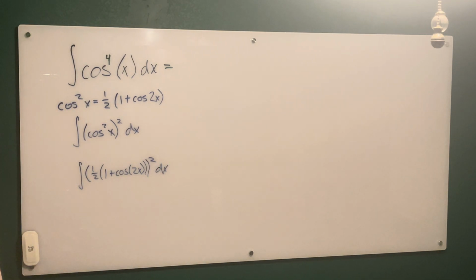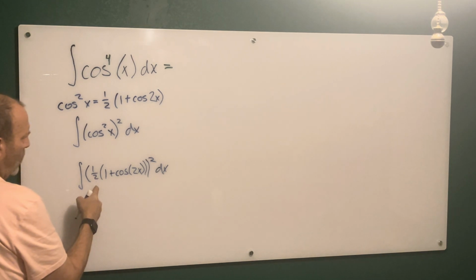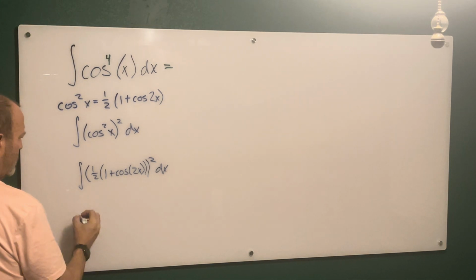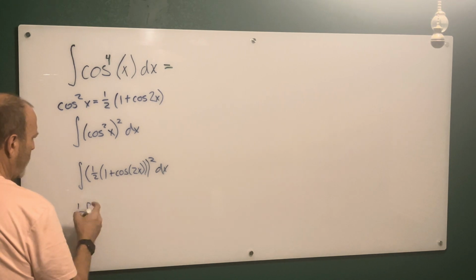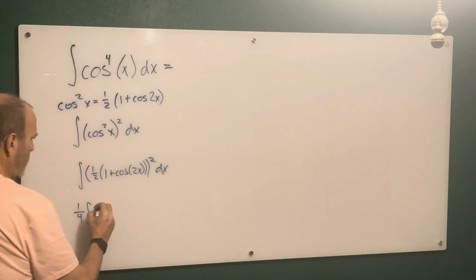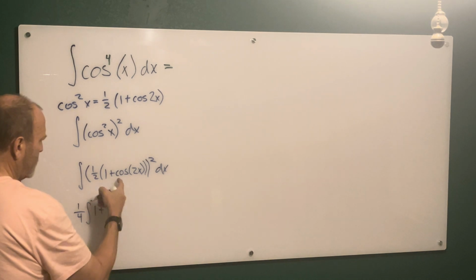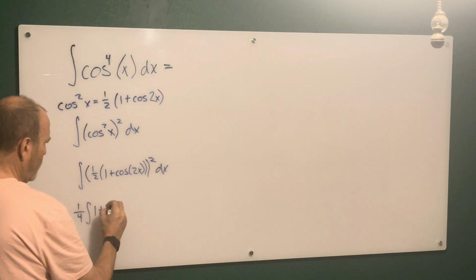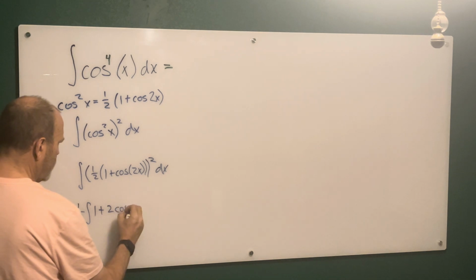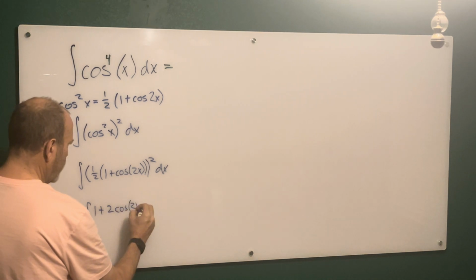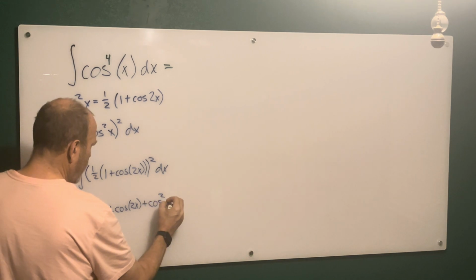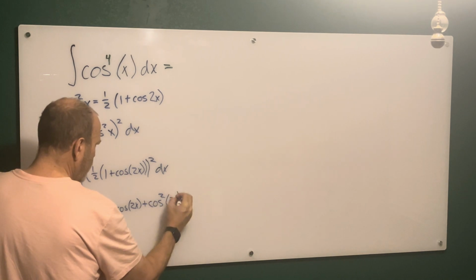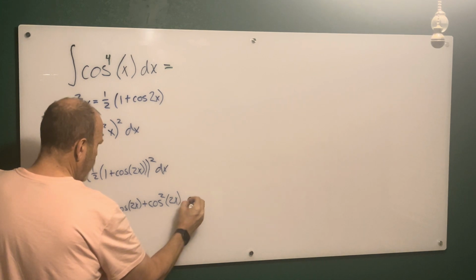So still the same thing. We haven't done anything other than algebra so far. Well, 1/2 squared is 1/4, so I'm just going to bring that up front. And so what I get is the integral of 1 plus, foiling this all out, 2 cosine of 2x plus cosine squared of 2x, dx.